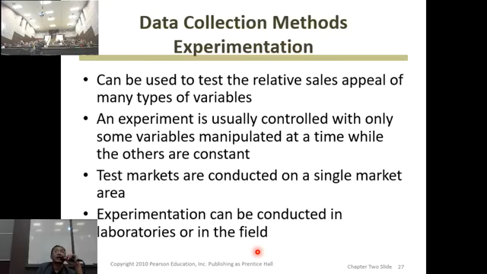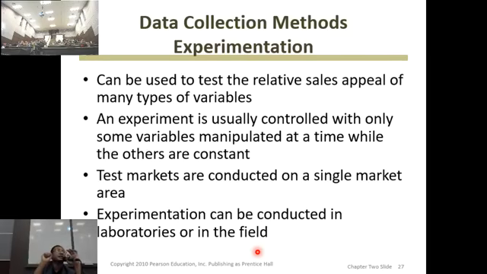For example, we want to try different types of packaging. You put them in one shop for your test, maybe five packaging designs, and see which packaging attracts people to buy. Only the packaging is different, while the others are constant, which means the layout and everything will be the same.